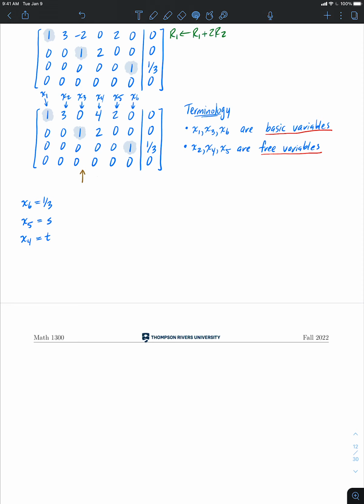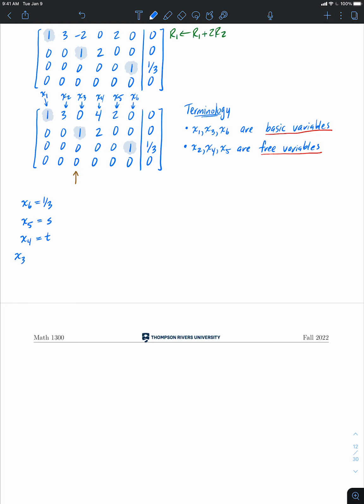Now we're going to move towards the third column, and that's a pivot column. So we're not going to assign a parameter to x3. We're going to write out the equation that corresponds to the pivot row, the pivot row that contains this pivot position. So we write out the equation that corresponds to row 2.